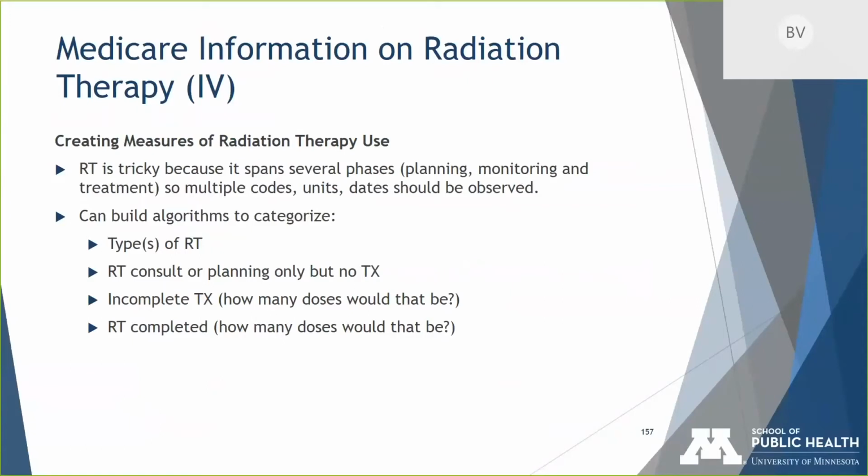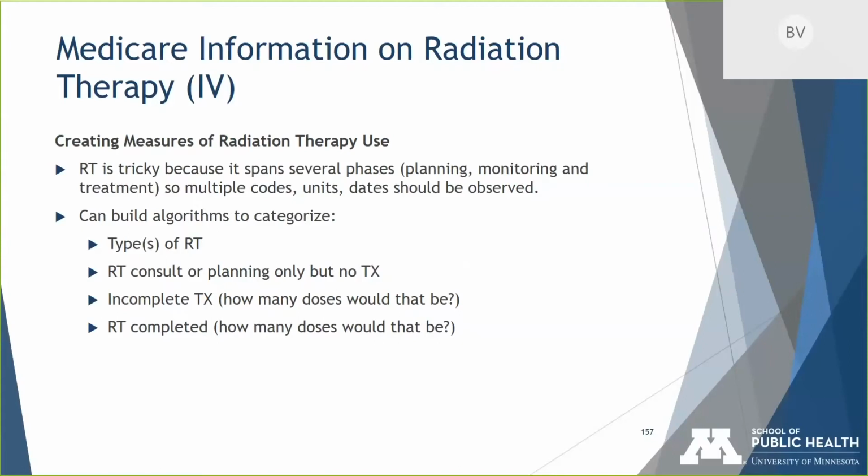You may just only be interested in high-level buckets of the types, yes or no. They only received external beam radiation, yes or no. You may be very interested in understanding the radiation therapy consultation of planning and those that received just the planning but no treatment. But you'll have to think about what exactly that means in practice for creating your algorithm.